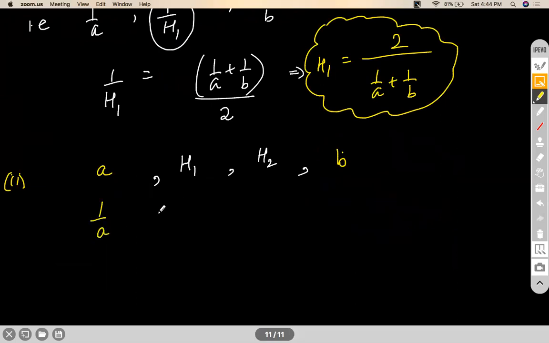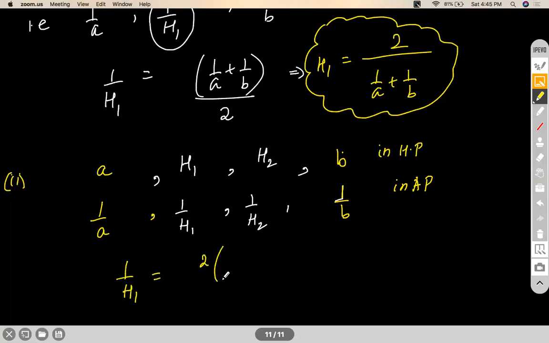Again, treat this question as if you are treating the reciprocal of these terms in AP. And just recall how you used to find the first arithmetic mean. The first arithmetic mean used to be 2 times the first number plus 1 time the second number, divided by 3.